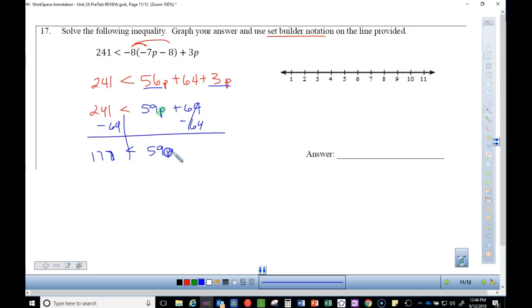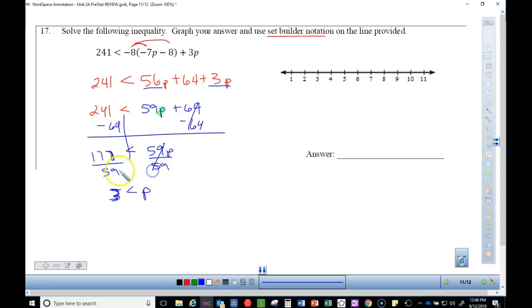Now you can see our p's on the right side, so we're going to have to be careful when it comes to graphing. So we're going to divide. And then when we divide 177 by 59, we're going to get 3. So be careful what you're doing. Keep everything in line. So 3 is less than p.